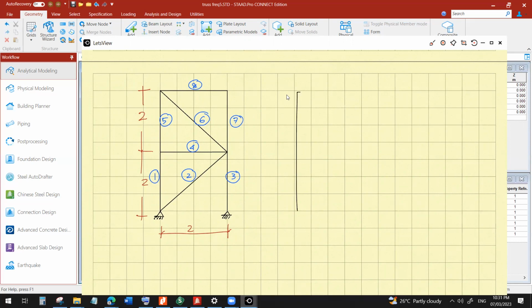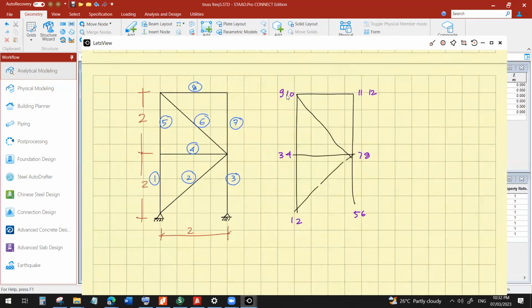Bilisan ko na lang. So this will be 1, 2, 3, 4, 5, 6, 7, 8, 9, 10, 11, 12. Okay. So we have 8 members.